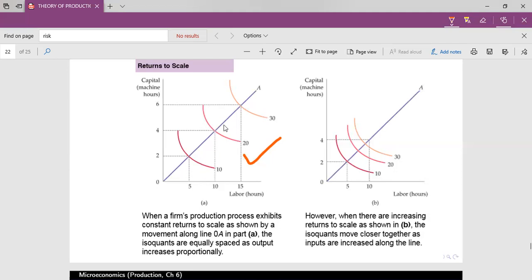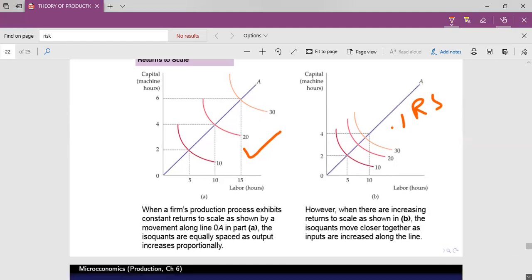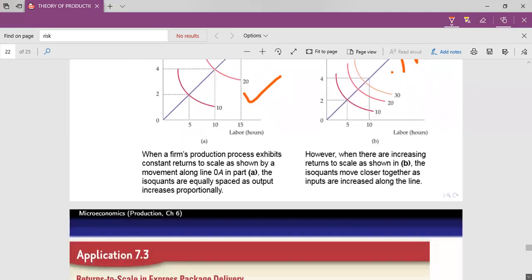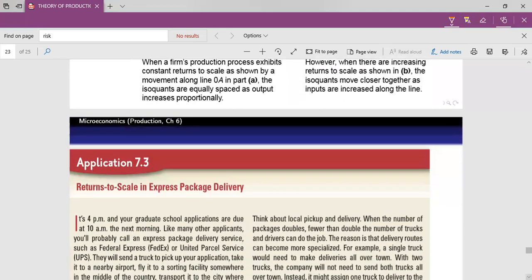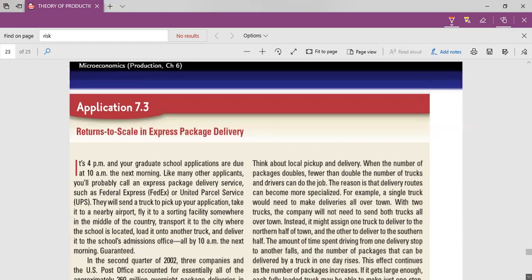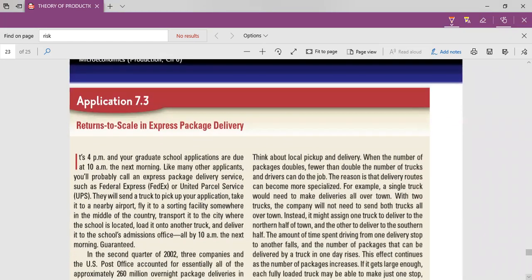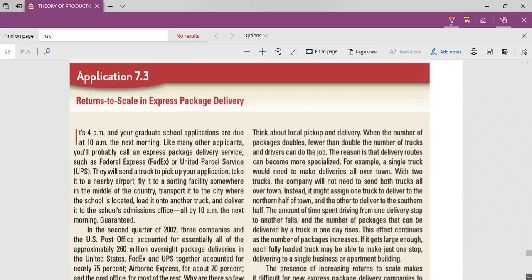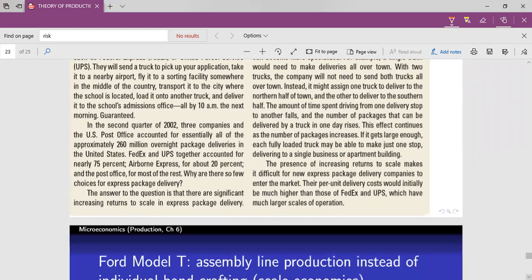Here we see a rate of 10 here. But then this other one is representing increasing returns to scale, where we saw that when you increase input by a given proportion, output will increase by a proportion greater than the input that you have increased.